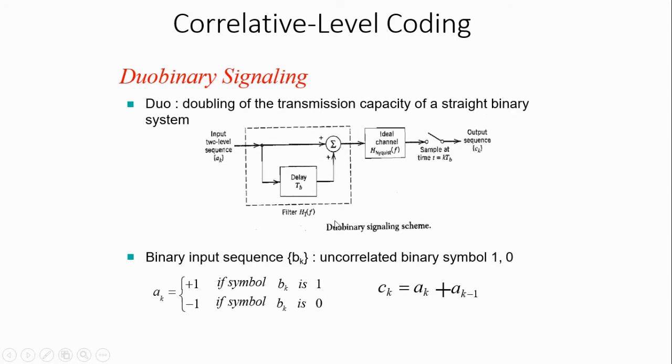It adds the two values, and the output is given into the ideal channel. This ideal channel is a Nyquist channel. Then the sampling output is taken every kTb seconds and the output sequence is transmitted through the channel.